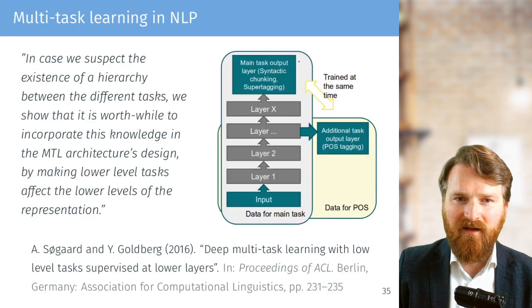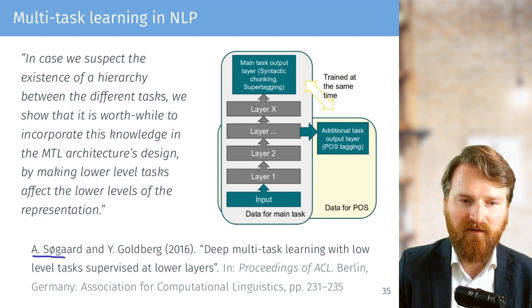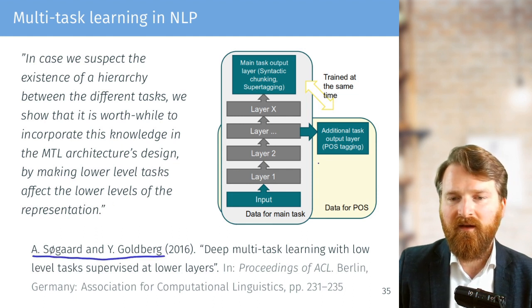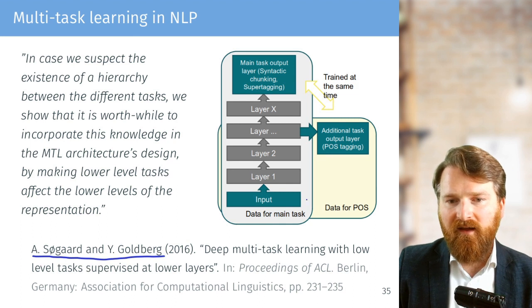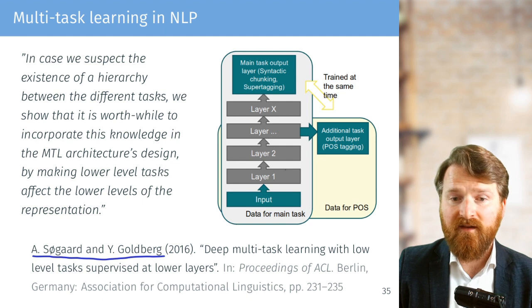And one early example of multitask learning in NLP could be from Anders Søgaard and Yoav Goldberg in their ACL 16 short paper. They tried several intermediate tasks. So for example, here's the input and data for the main task, and the network goes like that. And then there's one task which is, for example, part of speech tagging.